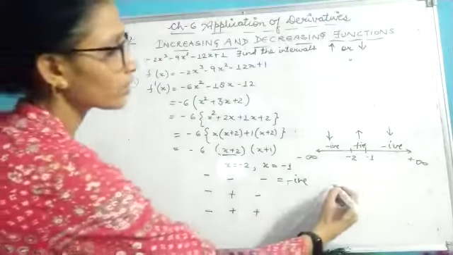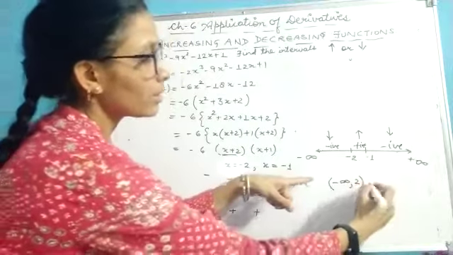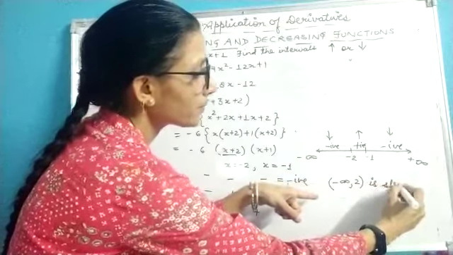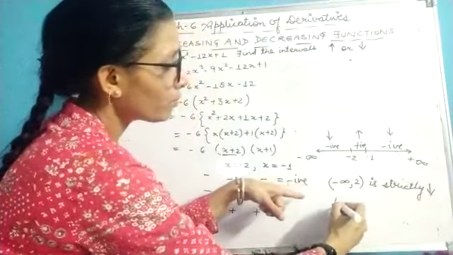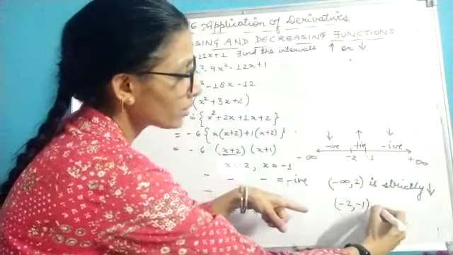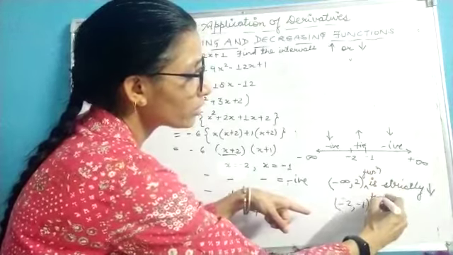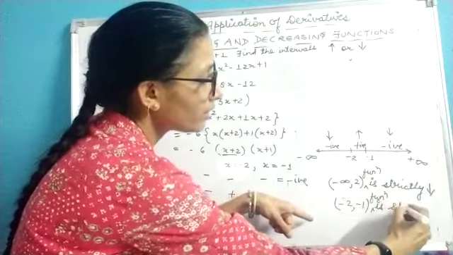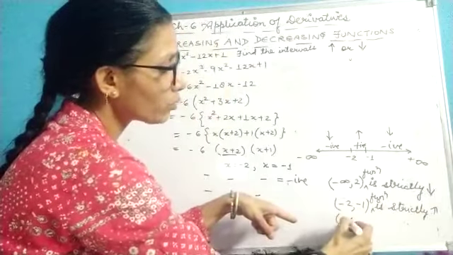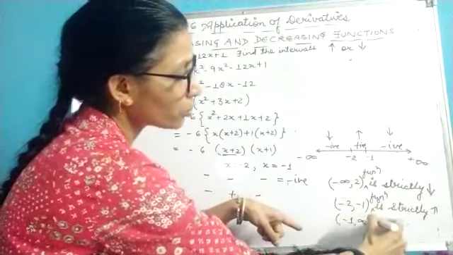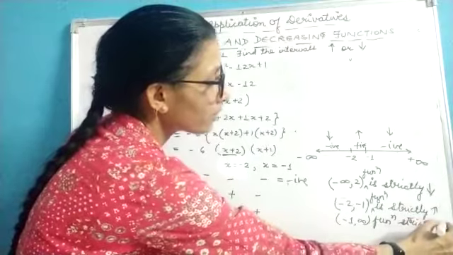So what I can write? I can write that from minus infinity to minus 2 the function is strictly decreasing. From minus 2 to minus 1 the function is strictly increasing, and from minus 1 to infinity the function is again strictly decreasing.